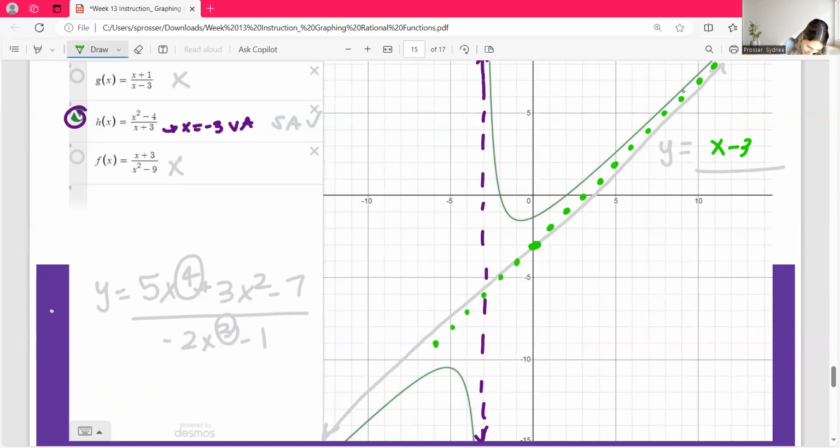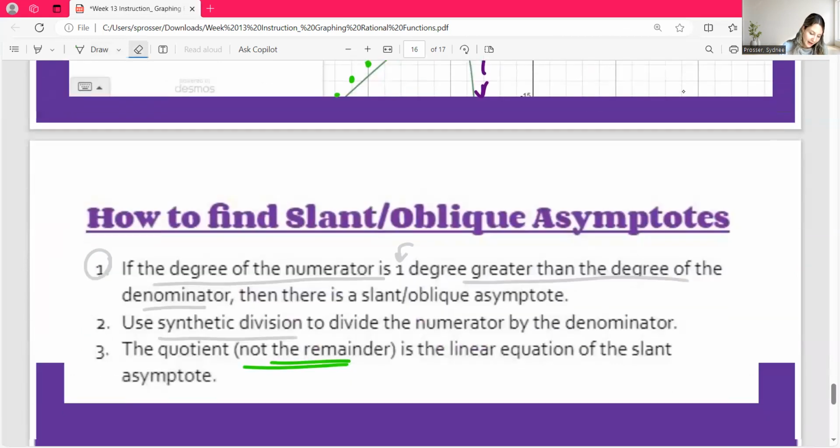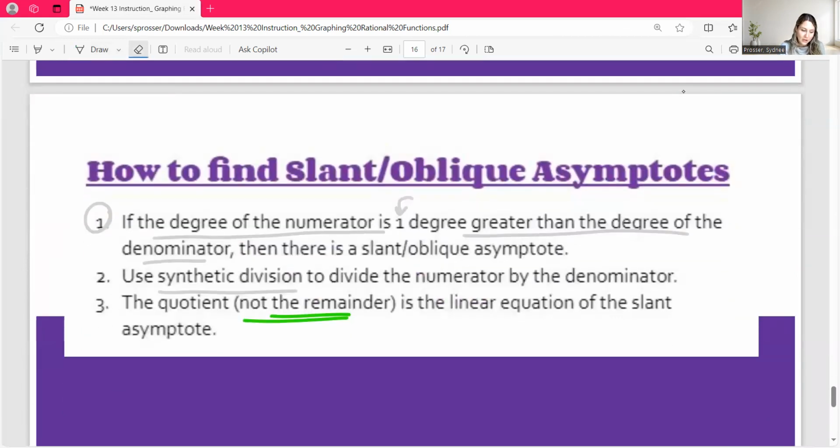We're not really going to be looking at my gray line. My gray line is just my estimate, and I can actually remove my estimate. You can see those green dots. That's where the green curve is getting really, really close to that slant asymptote, but it's never going to touch. Okay, those are your steps on how to find a slant asymptote. Great job, guys.